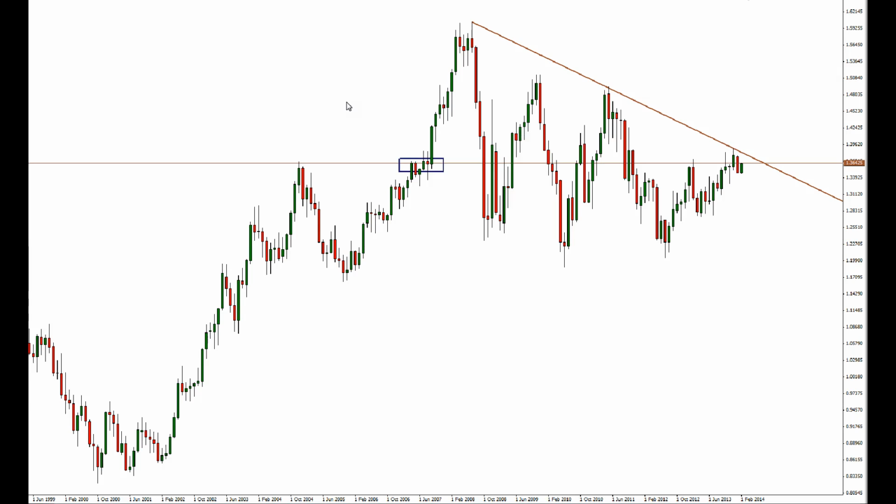Okay, and the price is flipping around this important level. So now the price is at this important level, a confluence between a dynamic and a static level, but the most important thing is the fact that we have the price within this range market at the resistance level.